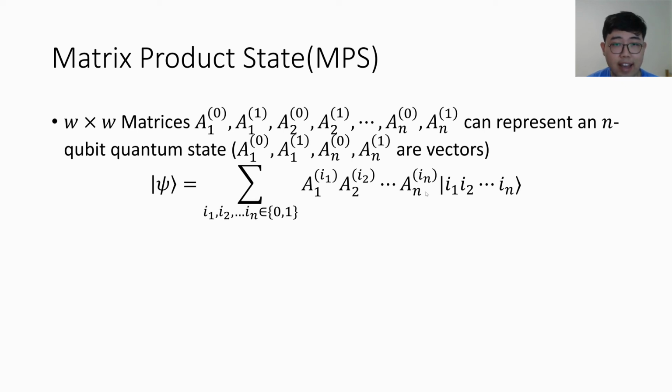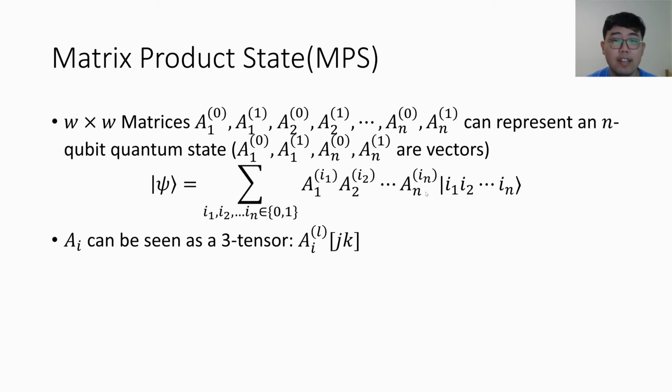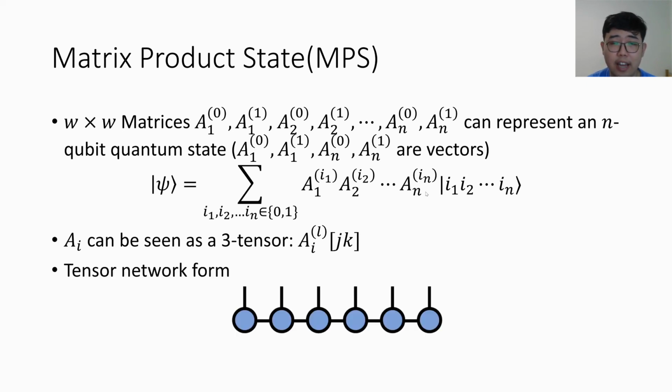We can see that Ai itself can be seen as a 3-tensor if we count the superscript 0 or 1 as the third index. Thus, the MPS can be represented as this string-like tensor network.